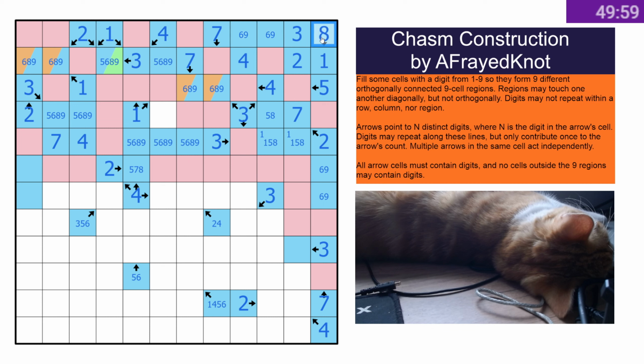Still be an 8, doesn't have to be. If that's blue, like if that's 4. Surely I should just be able to say something about this. Maybe. A bit of luck.